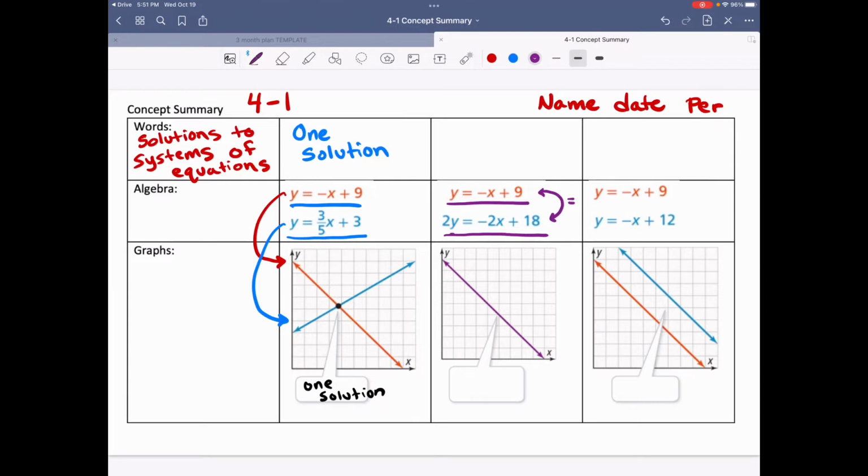And when we graph those, the 2 lines are on top of each other, intersecting at infinitely many solutions. So infinitely many solutions. And you can see that in the line down here. So infinitely many.